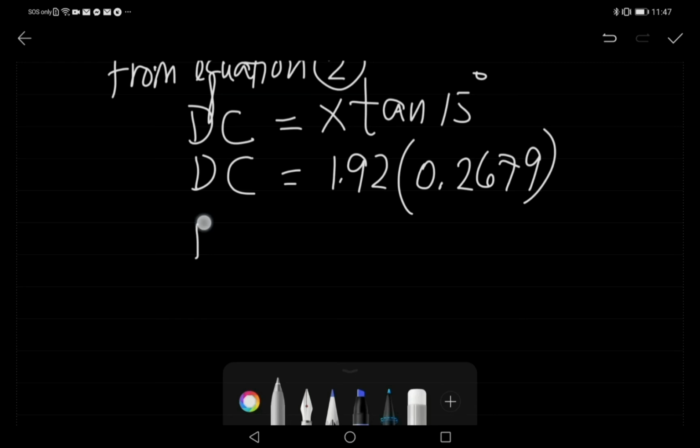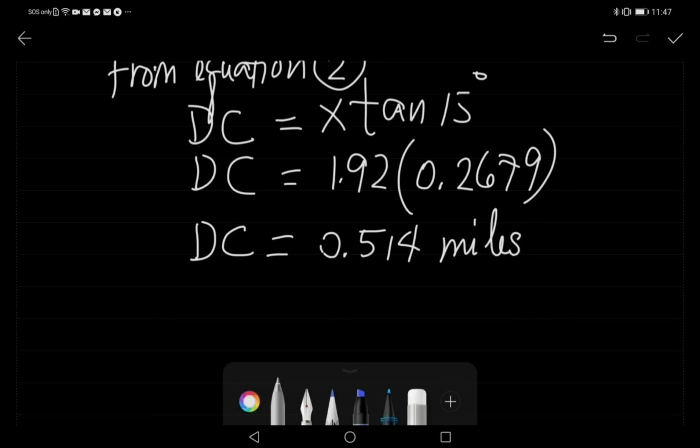So DC, 1.92 times 0.2679 will give us 0.514 miles. And this is the answer.